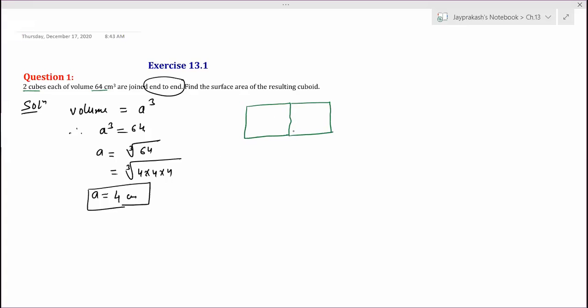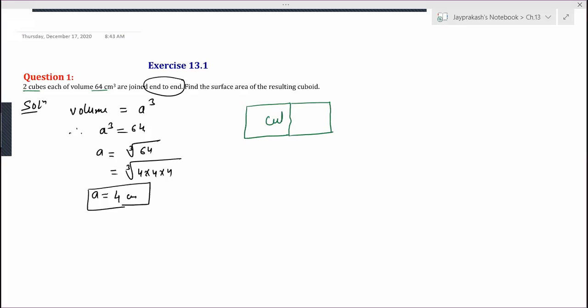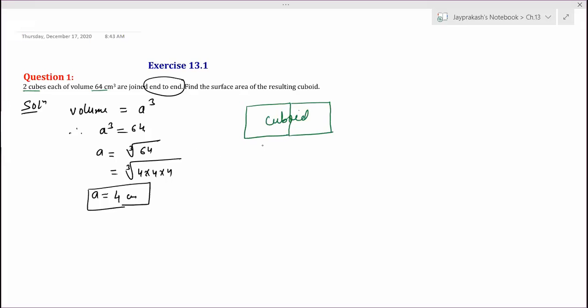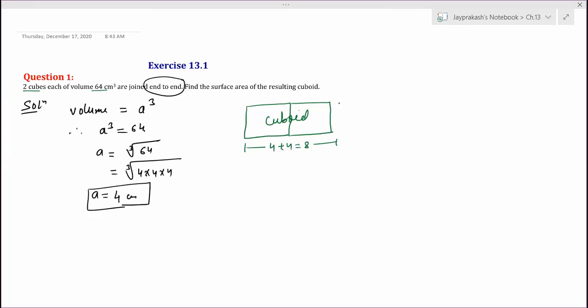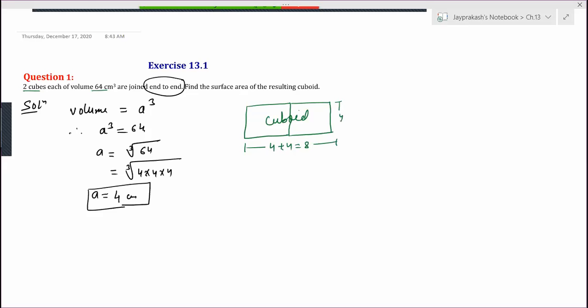So when we join 2 cubes, it is in the shape of a cuboid. So again we have to find the length. That is 4 plus 4, which means 8. Now if we talk about the height, then that is 4.